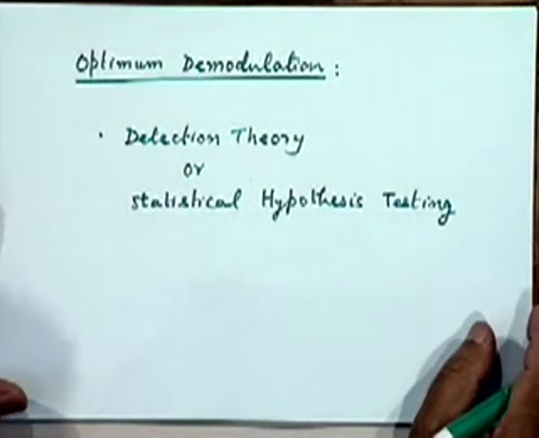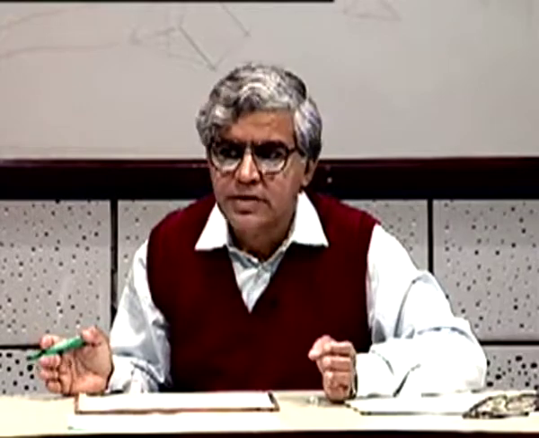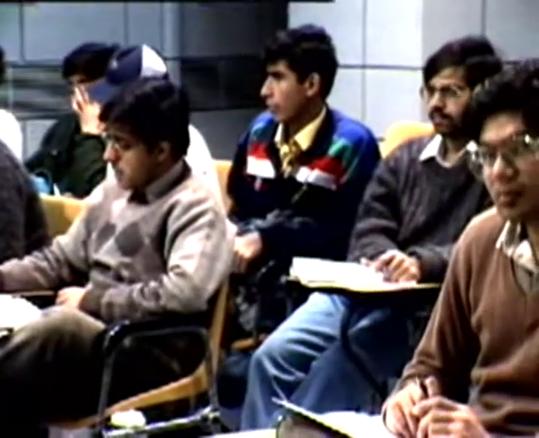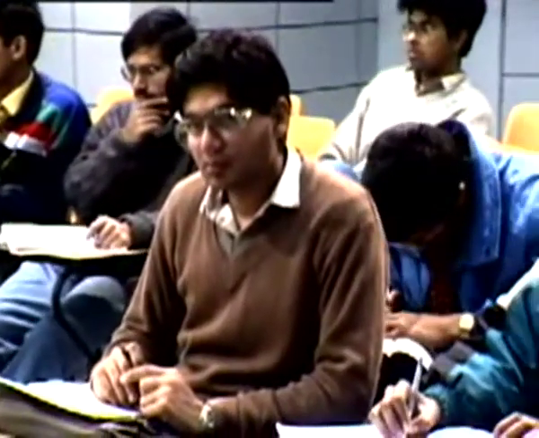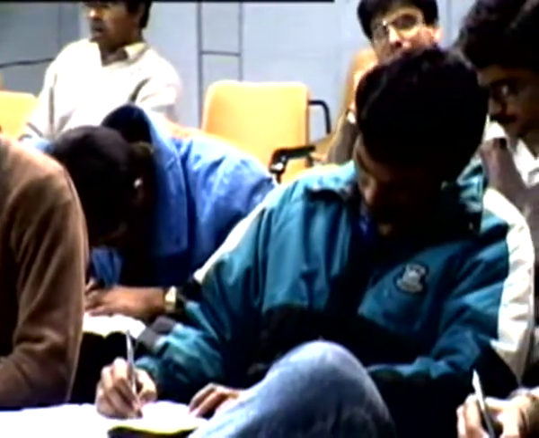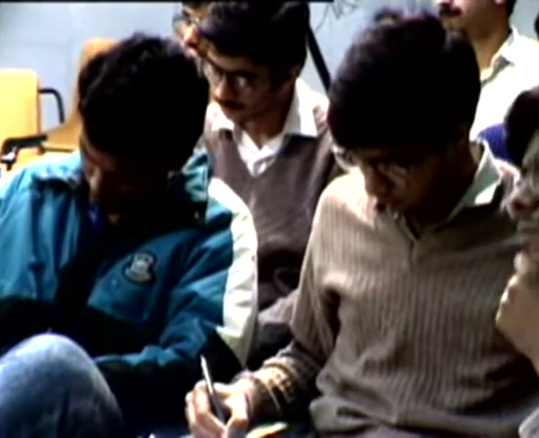And the primary idea in this theory is to look at the answer to the question that your received waveform, in the absence of noise, in every interval of interest would be one of many possible set of waveforms which are defined by the transmitter, which are defined by the modulator. For example, if you have an M-ary modulation scheme, then you have a dictionary of M possible waveforms which could have been transmitted, and therefore one of these waveforms is being received in the presence of noise.